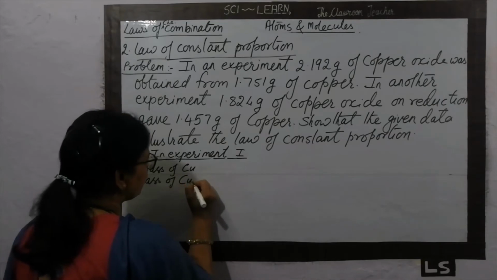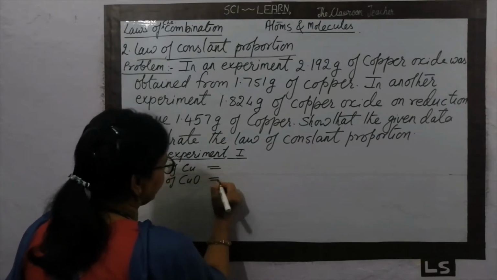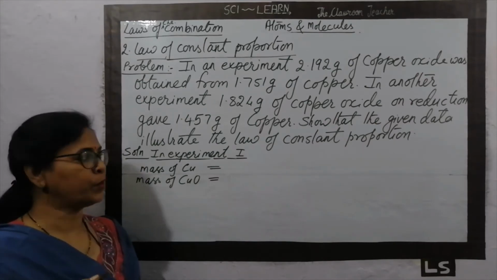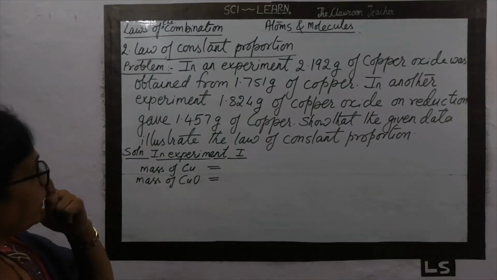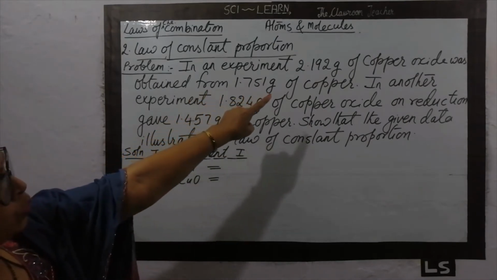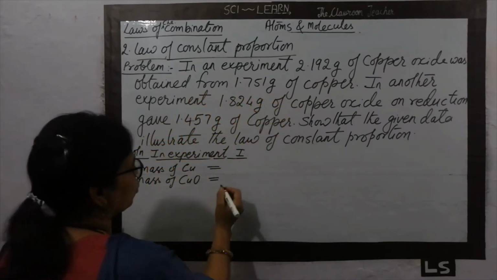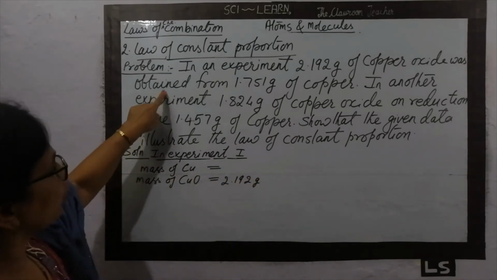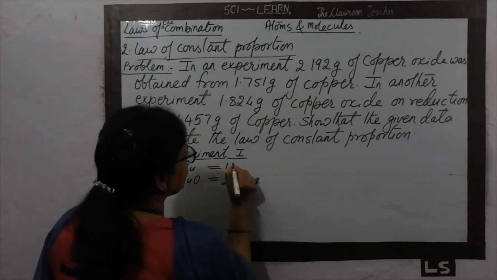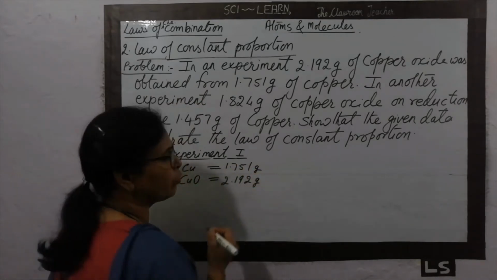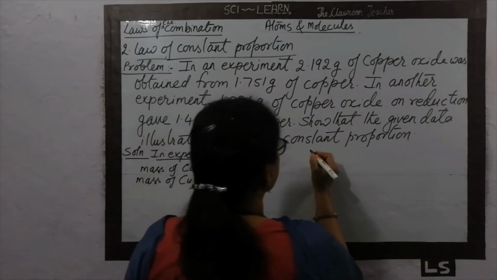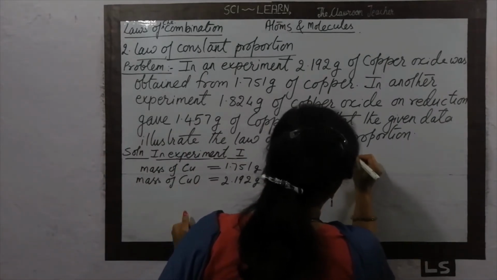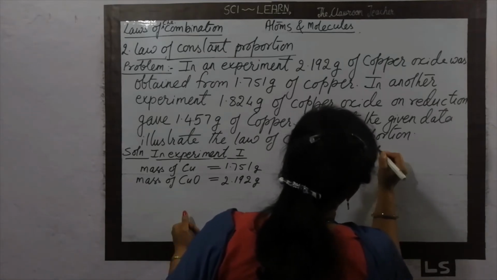When copper oxide is formed, copper combines with oxygen. So 2.192 gram of copper oxide was obtained from 1.751 gram of copper.